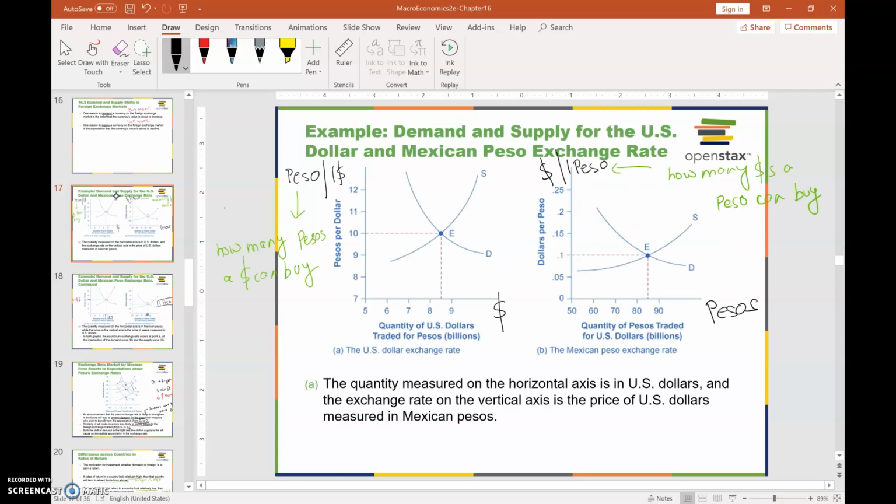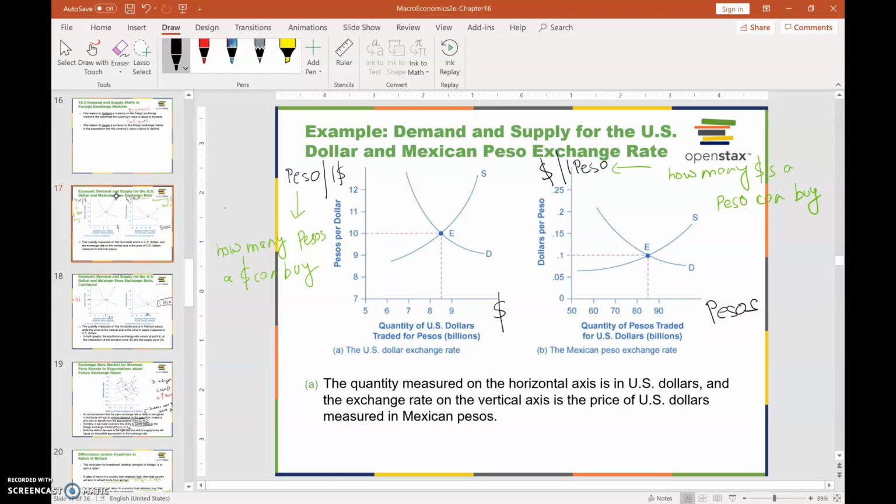I have the demand and supply graphs of the US dollar and the Mexican peso. In panel A, I have US dollar on the horizontal axis and the exchange rate, which is peso per unit of dollar, on the vertical axis.